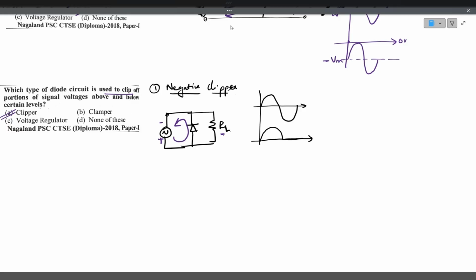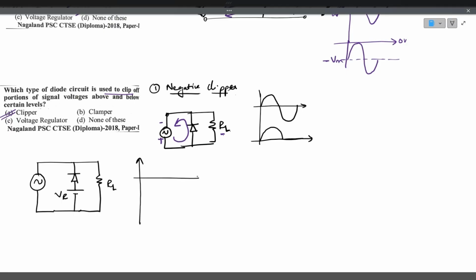Similarly, for this negative clipper, if you add a bias voltage, assume you have added a positive bias voltage, VR. Then what will be the output voltage? For the input voltage, the sinusoidal waveform will be like this. Usually the negative clipper produces only positive half cycles.